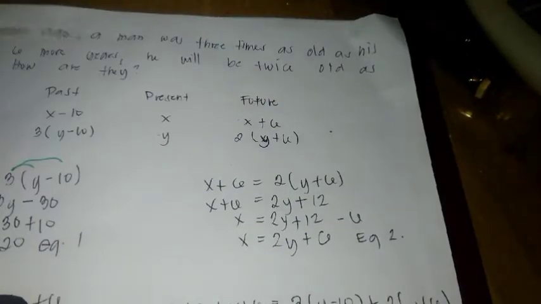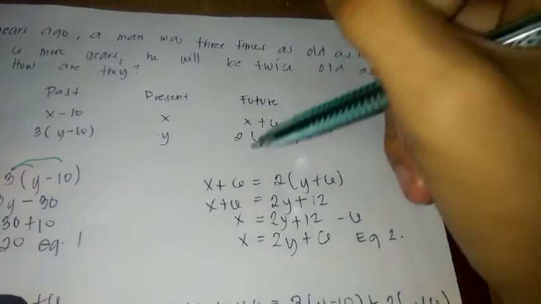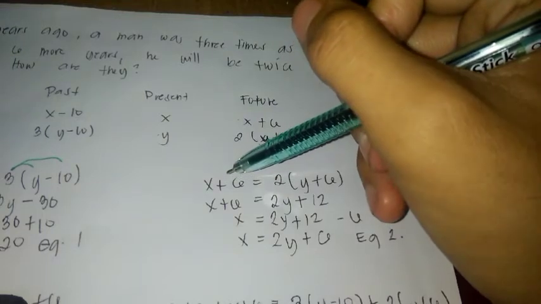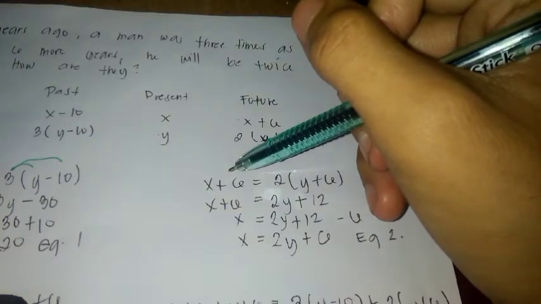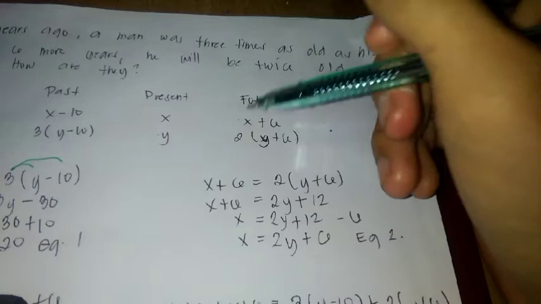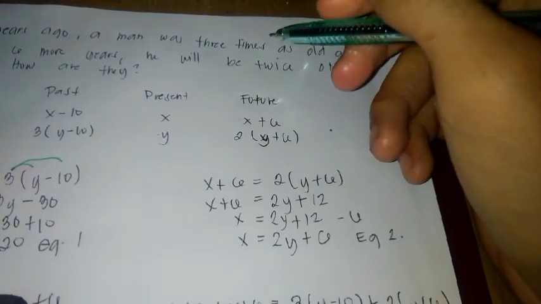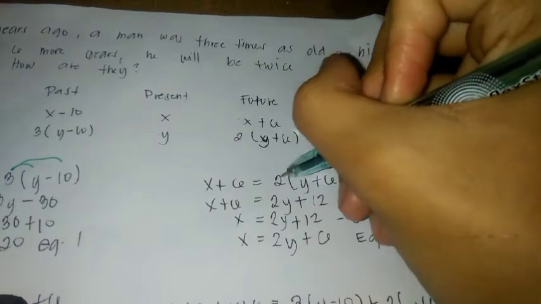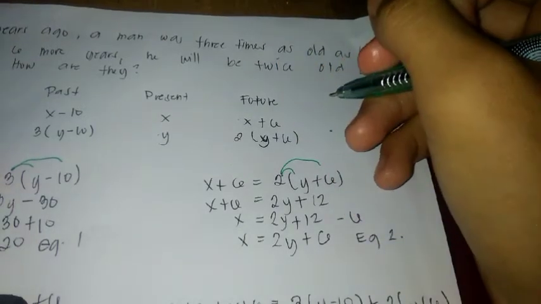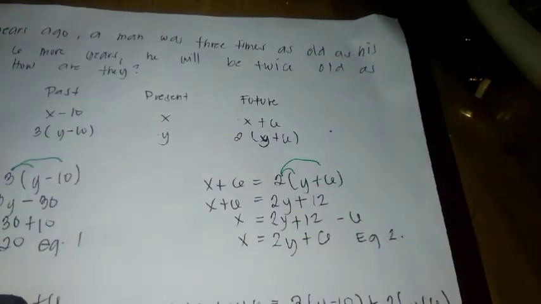So we have to solve equation 2, which is the future. So we have here the equation x plus 6 equals 2 quantity of y plus 6. Let's distribute the 2, so we have here 2y plus 12.